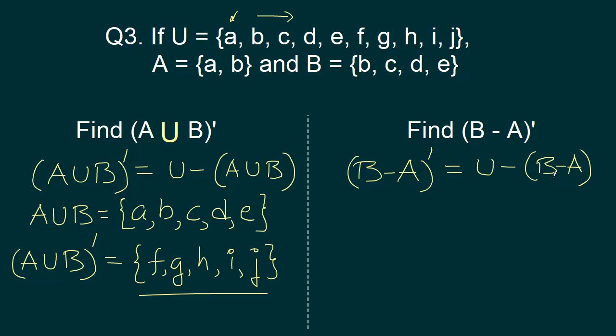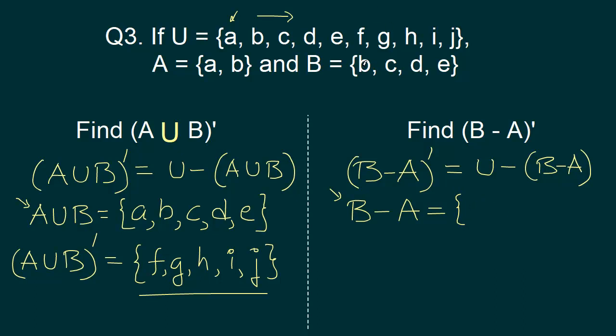So let's first find out the set B minus A, the way we first found A union B. We have seen how to find the difference of two sets. We find all elements that belong to B but do not belong to A.